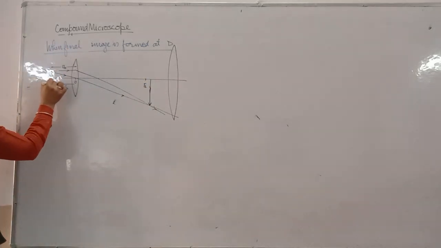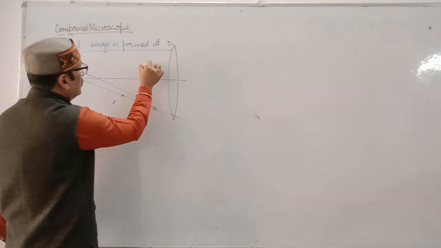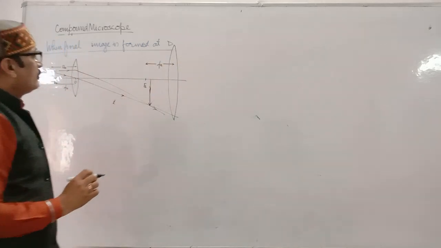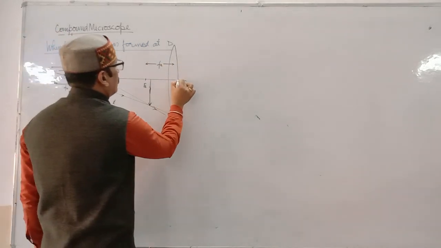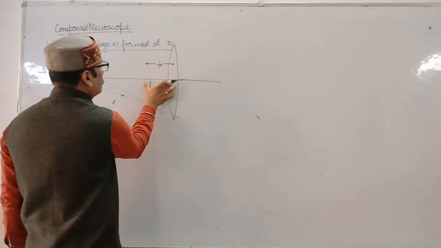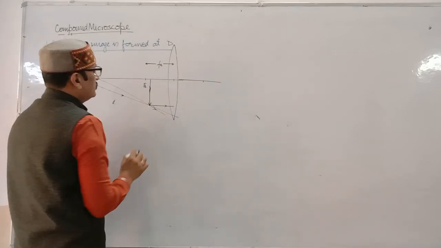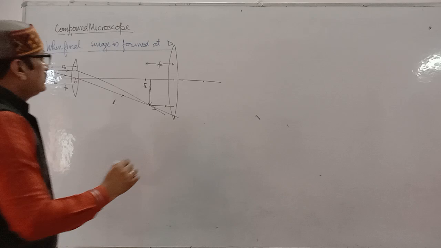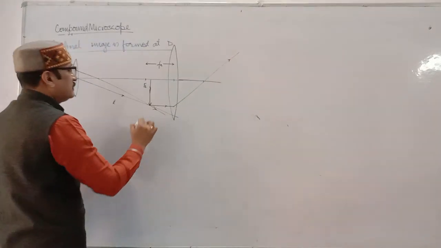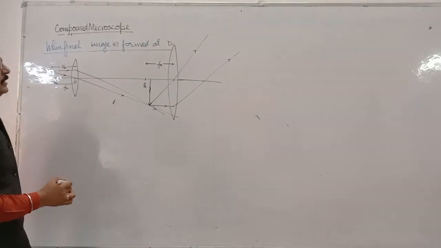This was the focus of the objective lens, and this distance is the focal length of the eyepiece. Same distance. This is the optic center. A ray going parallel to the principal axis will pass through the focus of the eyepiece, and another ray will pass through the optic center.